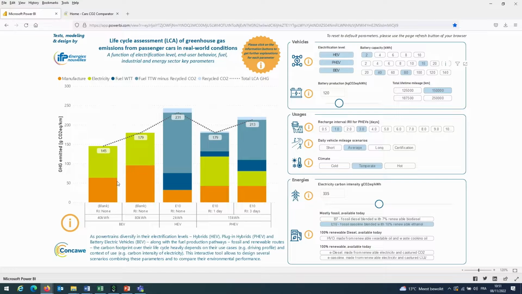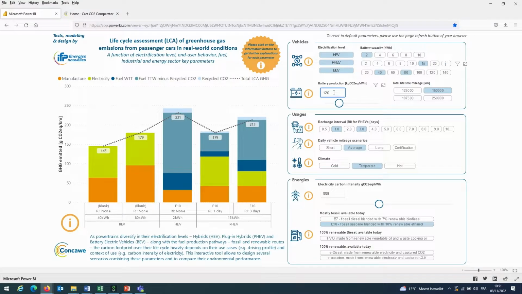And you have seen, while I was doing that, the emissions have changed, they have been updated, and you can see that due to the manufacturing aspect, the bigger battery electric vehicle will emit more CO2 than the smaller one.